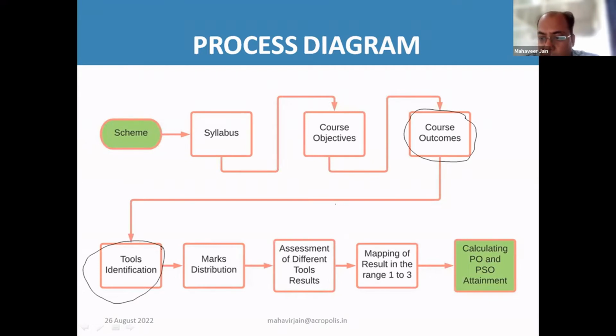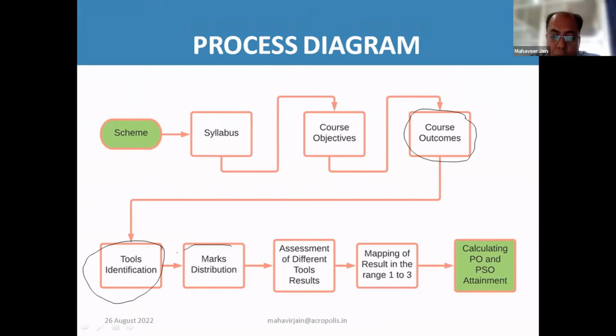Like, presentation is not there, but I would like to have presentations by my students, then I can add that assessment method in addition to the compulsory methods. I cannot remove those methods because they are prescribed by the university. Those are compulsory, and I can add my own assessment methods to them. So that is the tools identification.